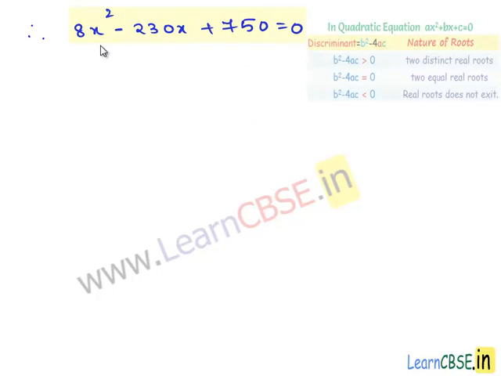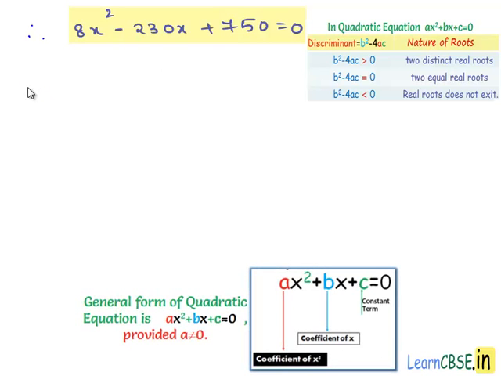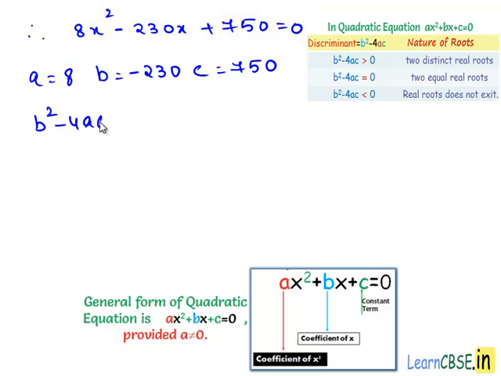Now let us find the roots of this equation. For this, let us compare the quadratic equation with the standard form of the quadratic equation, that is ax square plus bx plus c is equal to 0. On comparing, we have the values of a, b and c. So a is equal to 8, which is the coefficient of x square, b is equal to minus 230, which is the coefficient of x, and c is equal to 750, which is the constant. Now let us calculate the value of b square minus 4ac.